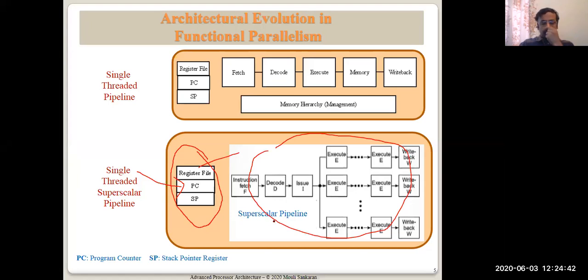So if I need to schedule another process in the superscalar, what should I do? I should save this context, and so many instructions are there which are halfway through. Flush them all, scrap them, kill them, bring a new process into the system.